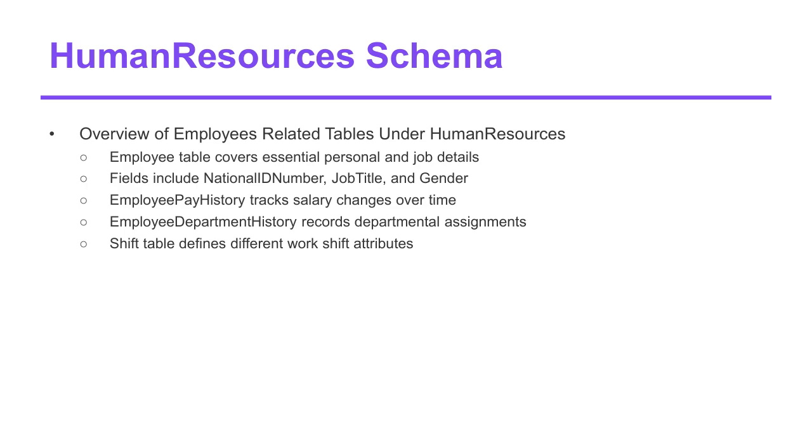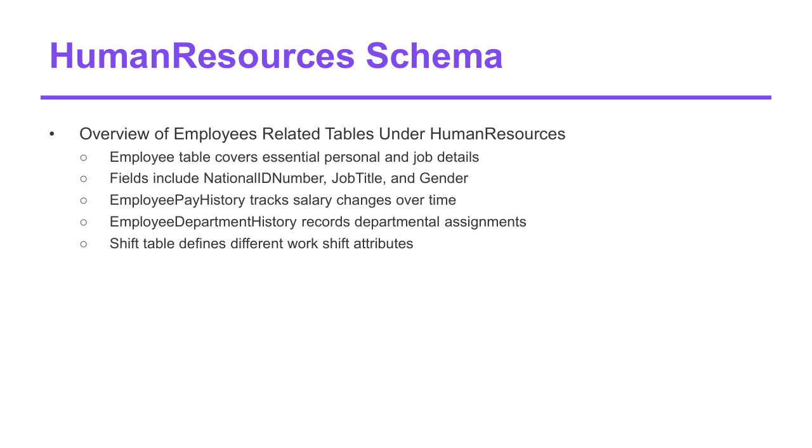To track salary changes over time, the employee pay history table records each adjustment an employee receives, which is important for understanding compensation trends. The employee department history table logs the departmental assignments, allowing you to see where and when an employee has worked within the company. Additionally, the shift table defines the different work shifts, outlining attributes like start and end times, which is helpful for managing schedules.